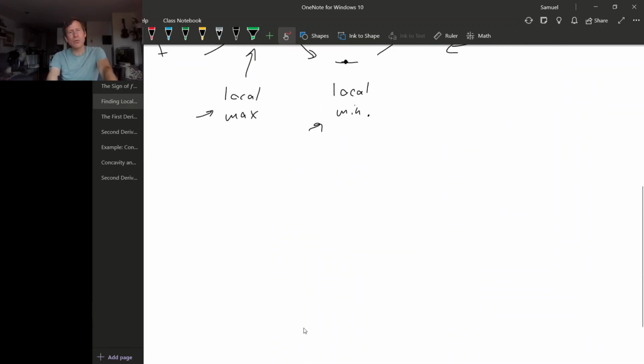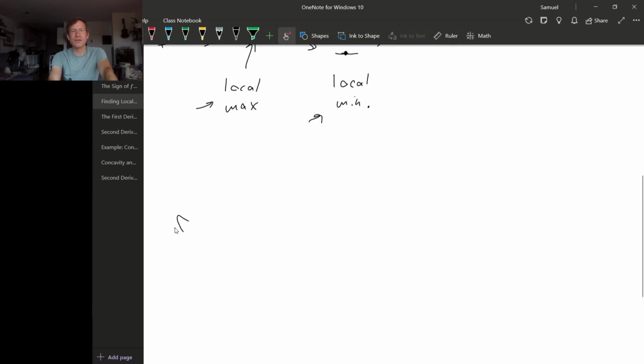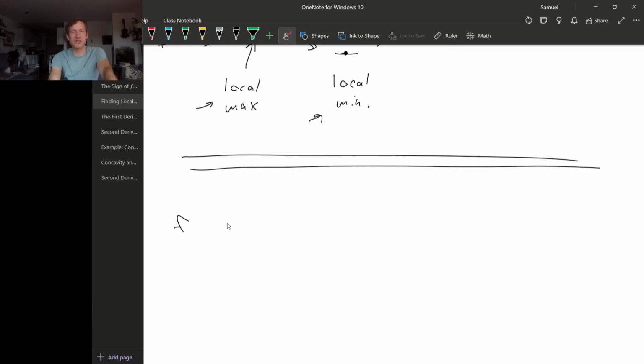Well, what would it look like if, so this is a made-up example, no longer working with that previous formula, what would it look like if the derivative went from negative to 0 to negative again? Well, then the original function would be decreasing, and then it would have a horizontal tangent line, and then it would be decreasing some more.